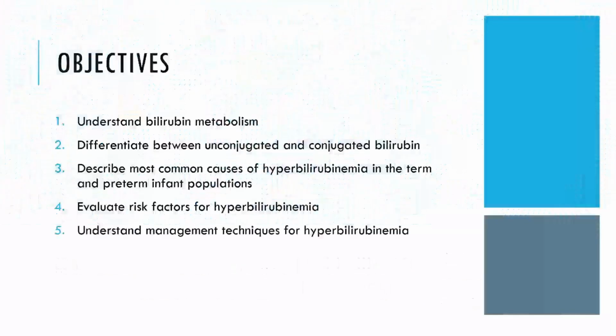Today we're going to talk about neonatal hyperbilirubinemia. And these are just some of the objectives that we are going to have for today. They're not too complicated, and hopefully by the end of the day you will be able to do all of them.